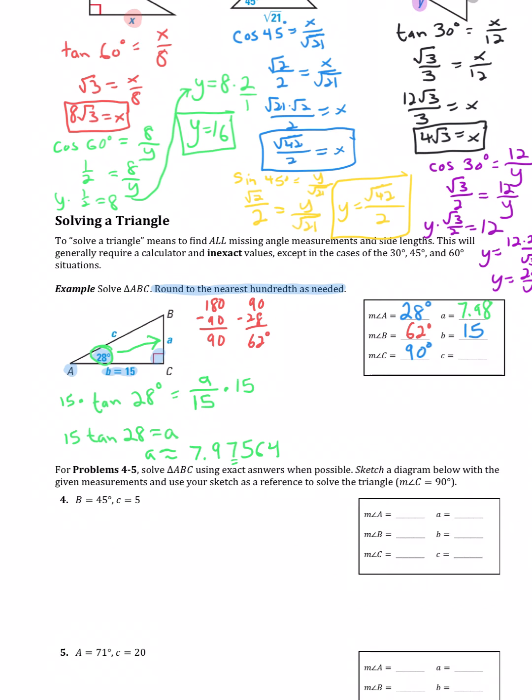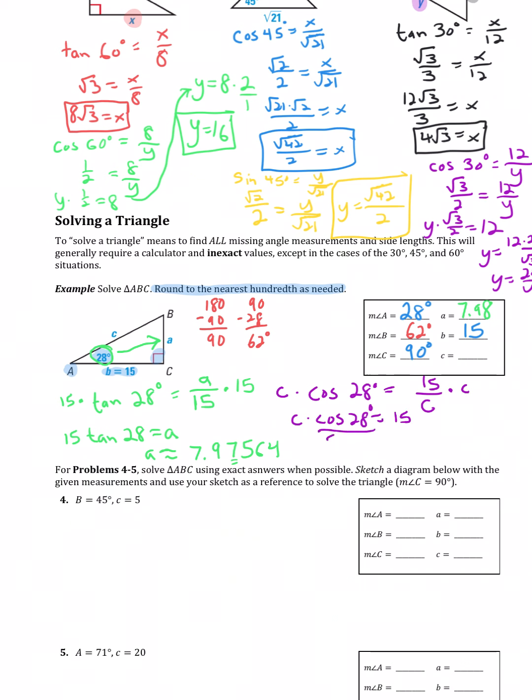And then finally, looking for the last side, side C, this one looks like it's going to be a cosine function. Cosine of 28 degrees equals 15 over C. Now, I'm going to have to multiply both sides by C, and I get C times cosine of 28 equals 15.